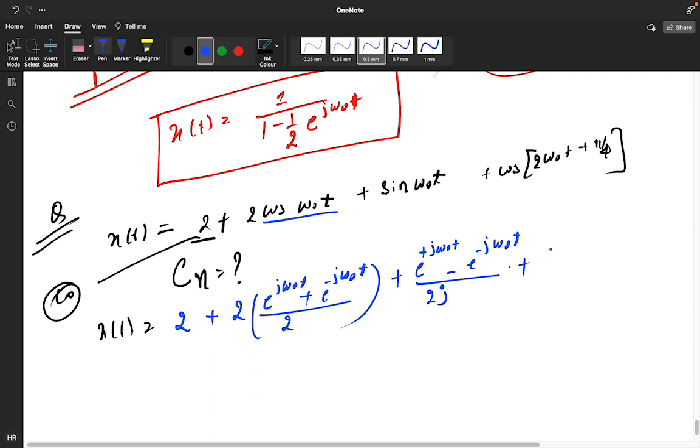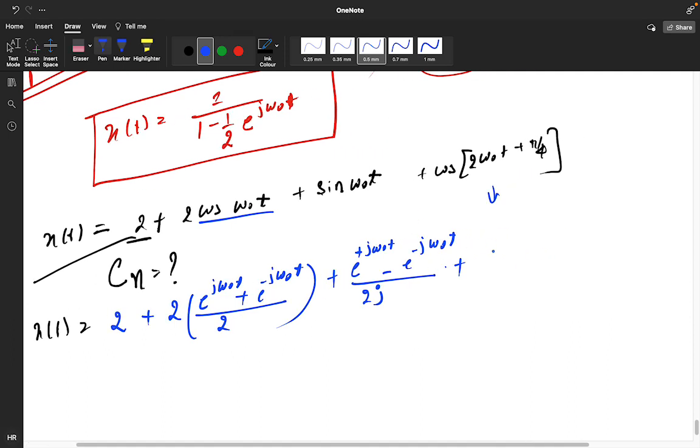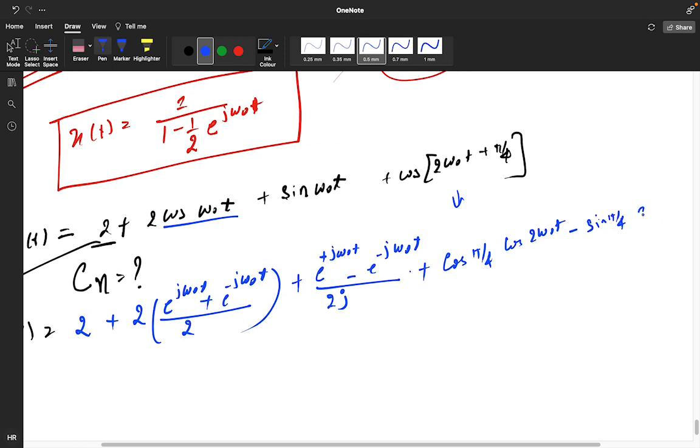You can break it into two terms using the cos a plus cos b formula. So cos pi by 4 cos 2 omega naught t minus sin pi by 4 sin 2 omega naught t. Now you can write it.